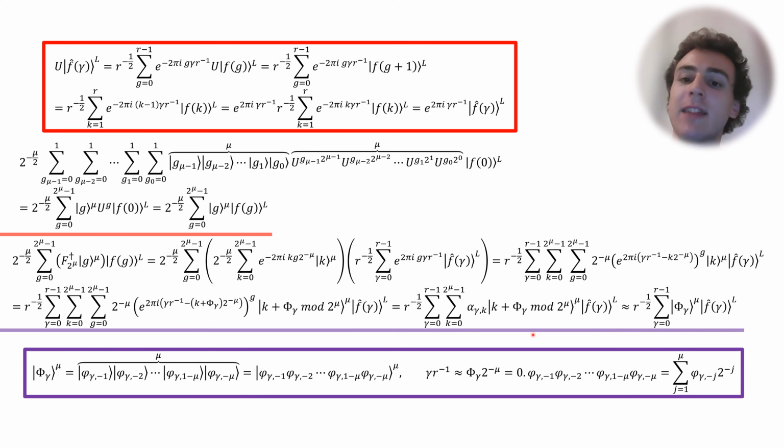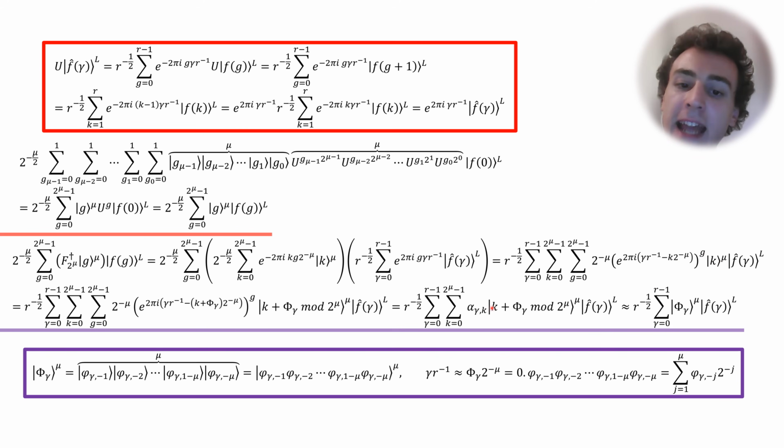So we want the chance of measuring any of those other values of k to be very negligible compared to the chance of measuring k equals 0. So that's what we're aiming to do here. We're aiming to maximize the probability of measuring the states that correspond to k equals 0. And if that is satisfied, if this amplitude is almost 0 for all other values except k equals 0, where it's equal to approximately 1, then we're going to have this approximation hold.